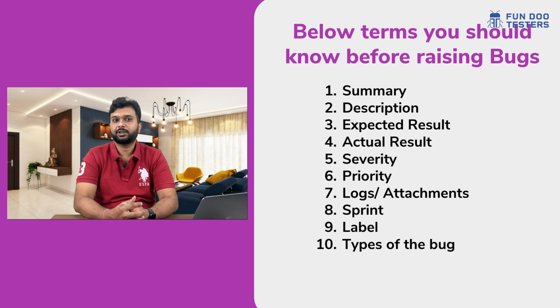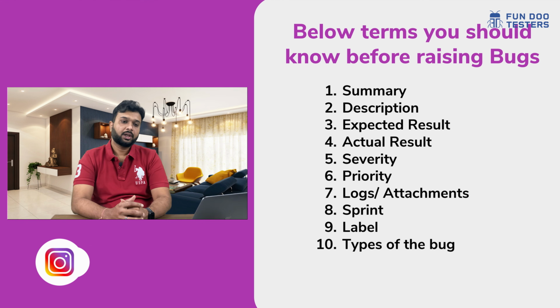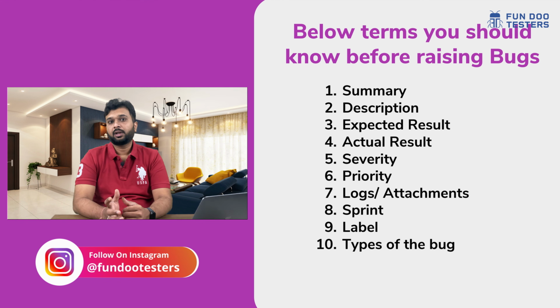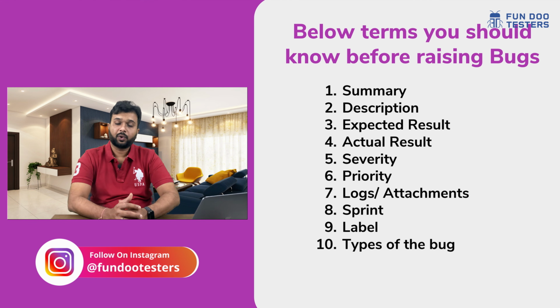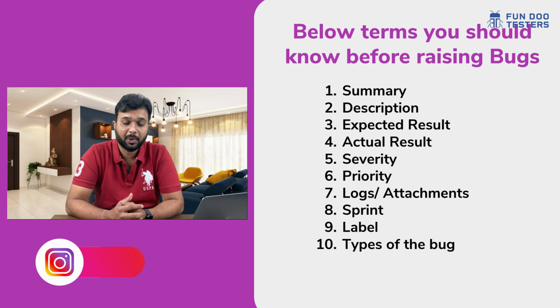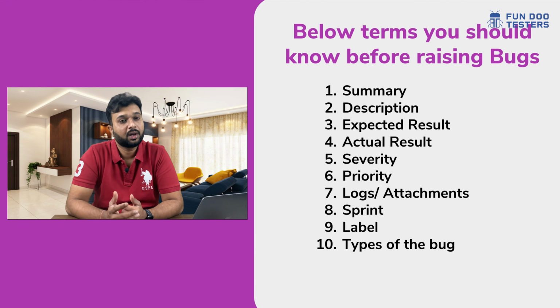Later on, the logs and attachment. Logs and attachment means, let's say we have found a few UI issues or a few backend issues. At that time we have to attach the logs. The logs can be server logs, backend logs, or client side logs. And attachment means we can add a video or a screenshot.